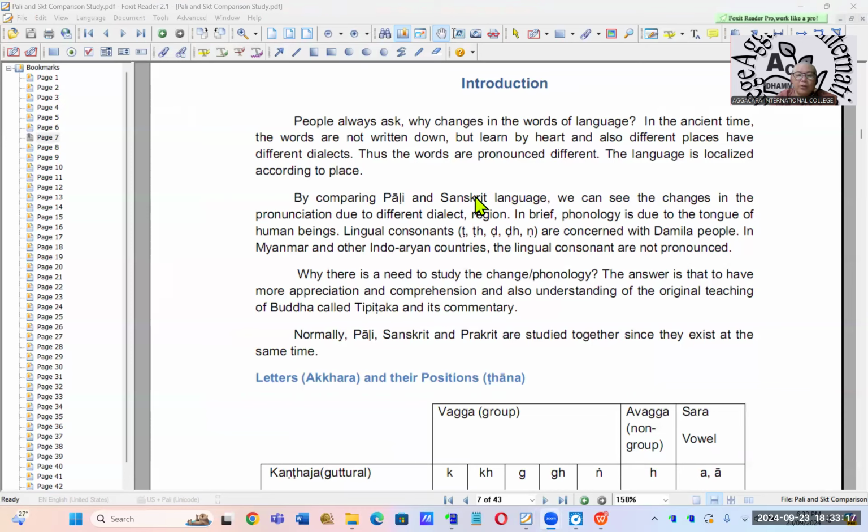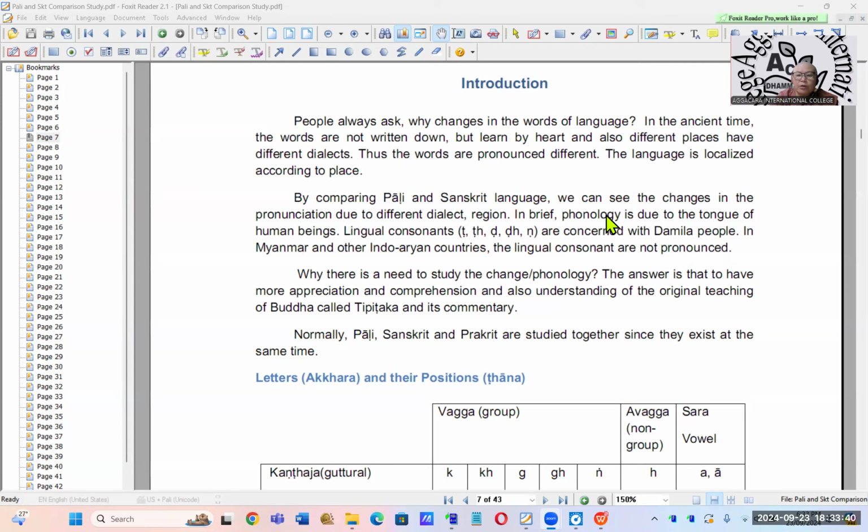By comparing Pali and Sanskrit, it's important that we compare with a language that occurred at the same time. Even now, if you compare Pali with our Malay words, you also notice a lot of similarity and also a lot of changes. So we can see the changes in pronunciation due to different dialect and region.